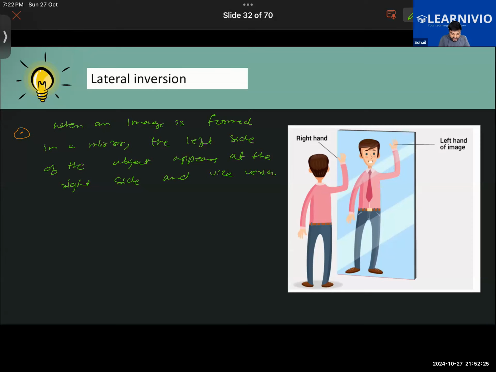So that is what lateral inversion is. Plus it has some applications. So the application is in ambulances. That is the application.